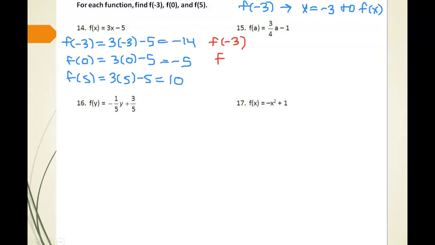We're going to find those same 3 points for each of the remaining functions. So again, every time you have the variable, you are replacing it with that number.